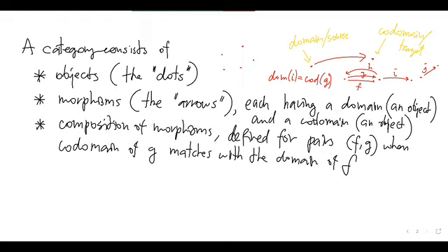Actually, that's exactly what we want in item 3. We want pairs FG so that the codomain of G matches with the domain of F. So in the picture, this would mean that we've got G running from some object to another one, and then F running from that same object to something else.